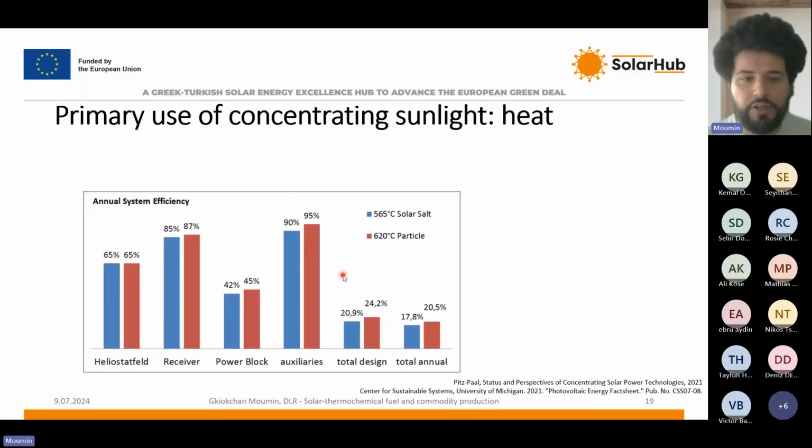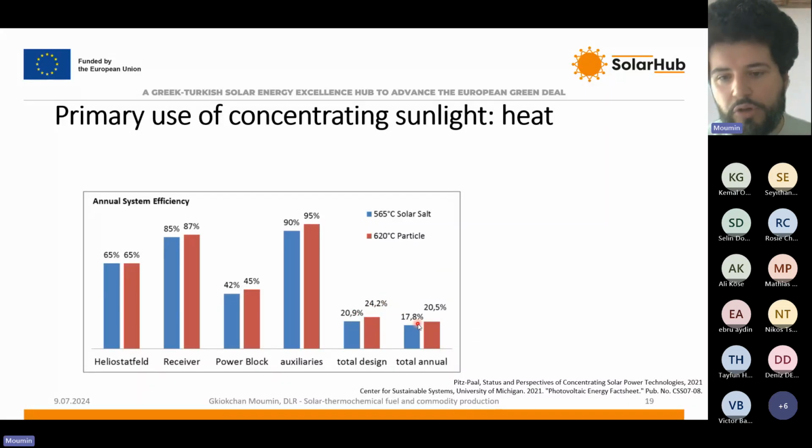And if you look at a breakdown of the efficiencies of a CSP system, we can see that the heliostat field can achieve around 60-65% annual performance, receiver 85 to 87, power block for the electricity production then 40-45, and auxiliaries 90-95, depending on the different technologies we use there. Which means at total design point, we have 20.9 to 24.2, which is really the ideal operation point of the plant.